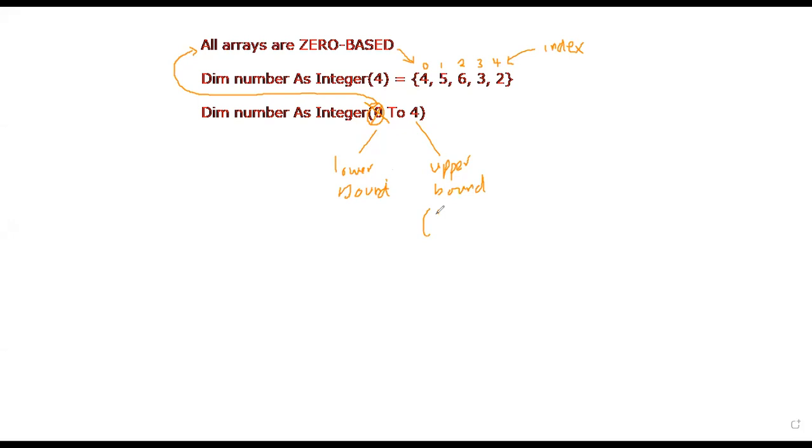The upper bound, that's the last index. Okay. That's to say that we are ignoring the lower bound, which is 0 based, and then in declaring the array, we use the last index.